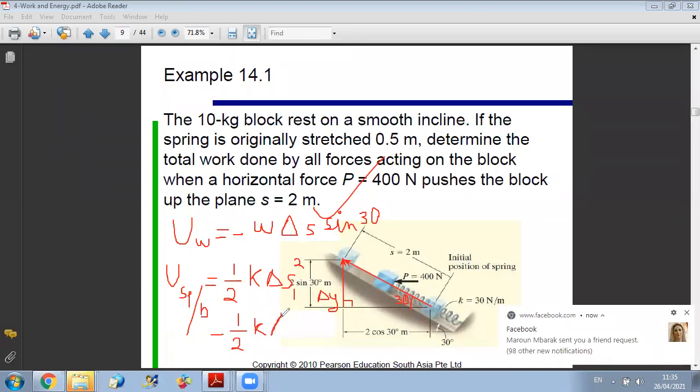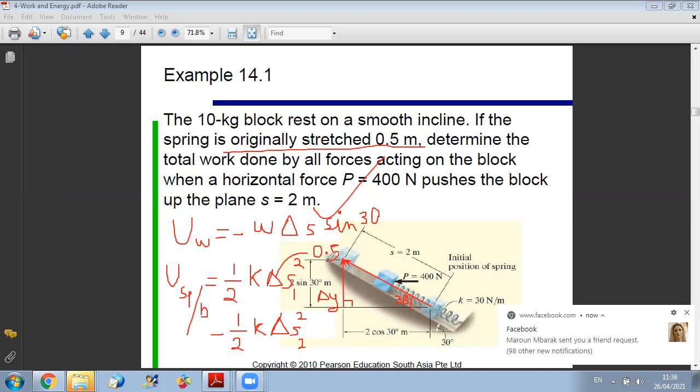Now what are delta S1 and delta S2? Concerning delta S1, they said that initially it was stretched 0.5 meters. So I can replace delta S1 by 0.5.